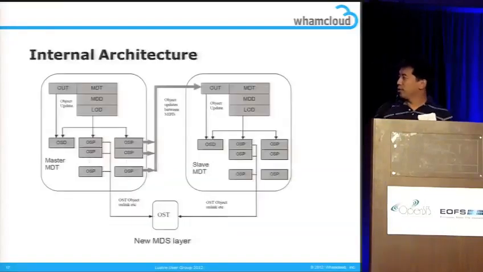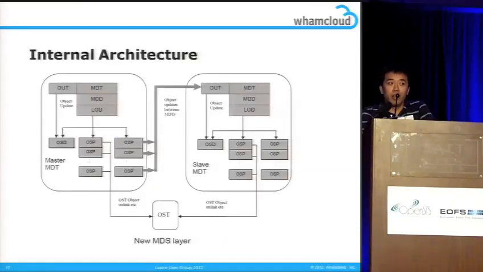Next one is the internal architecture. It's how we implement DNE over the Orange branch, and Alex already explained a little bit. I will repeat his words here. The top layer is MDT and OUT. MDT will unpack the request and handle the LDLM lock. Next, the MDD layer will analyze the metadata operation.